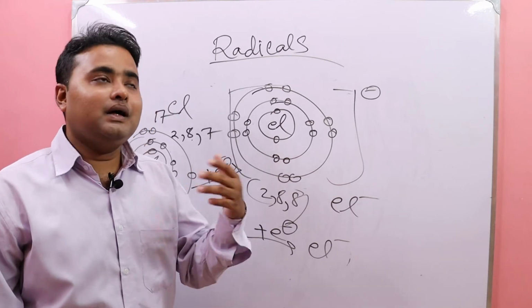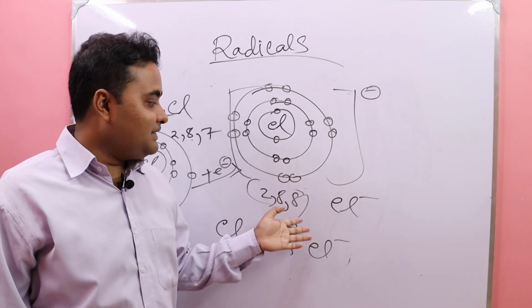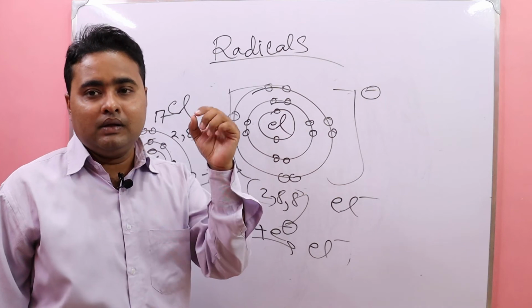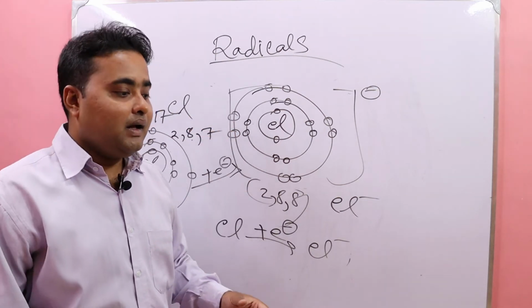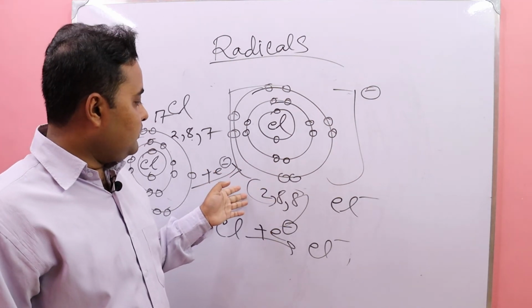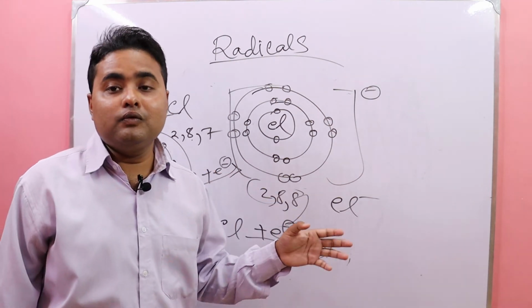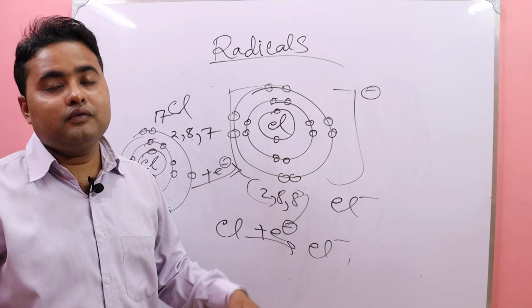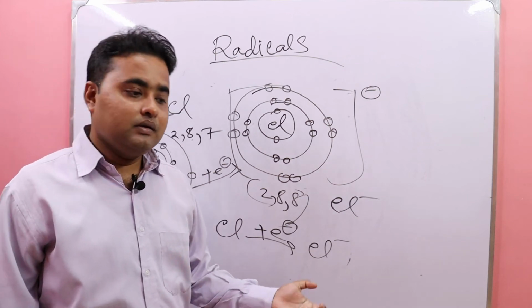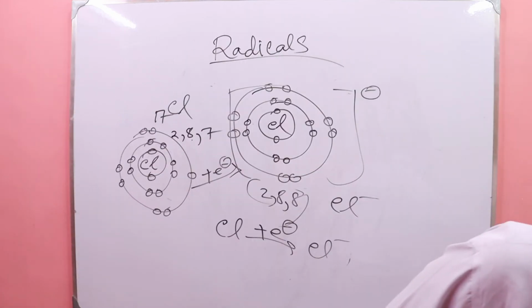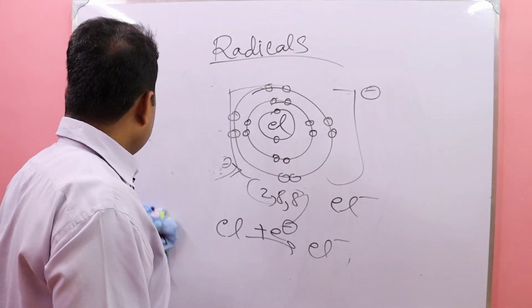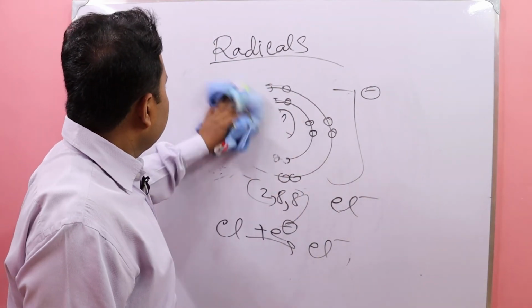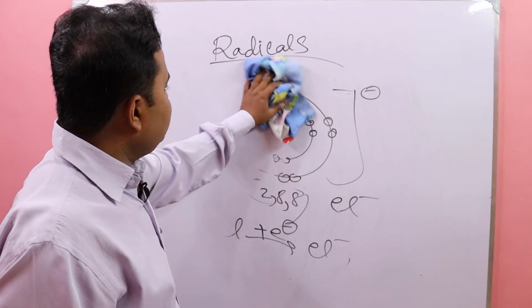But in the definition, there is another term, that is group of atoms. What is the meaning of group of atoms, and what are examples of a group of atoms forming radicals?